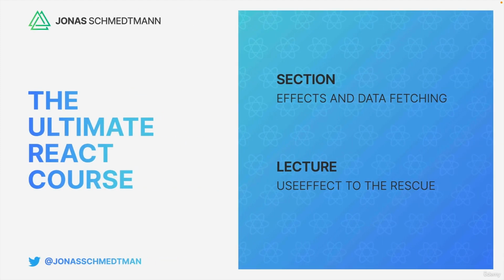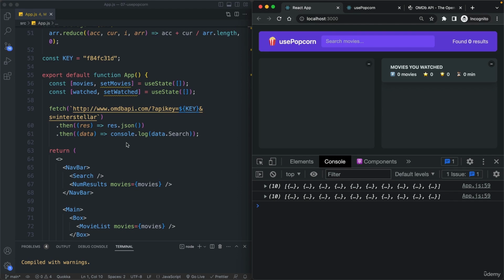So let's now learn about the next important tool in our React toolbox, which is the useEffect hook. So we already know about the useState hook, and so now it's time for our second hook, which is, again, the useEffect hook.